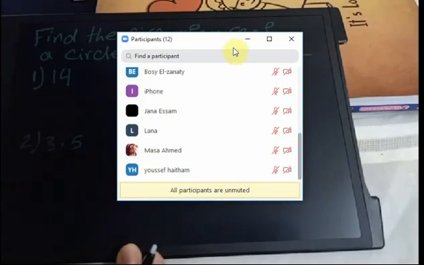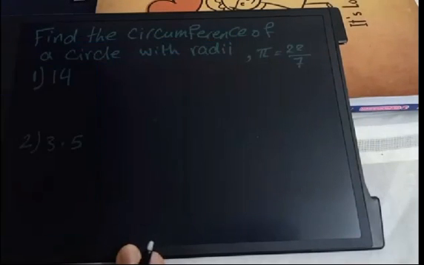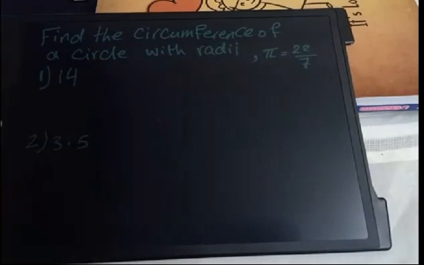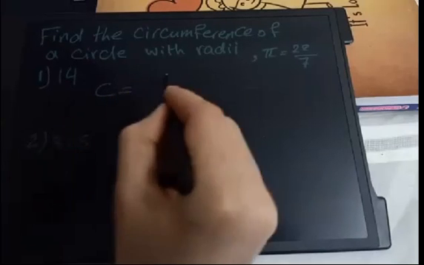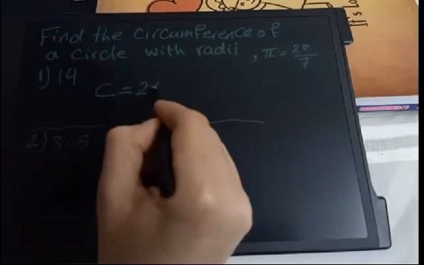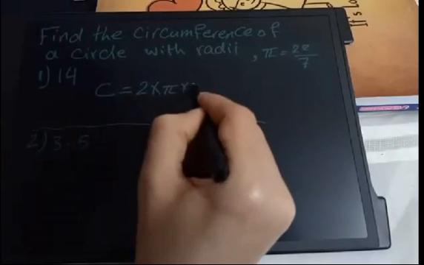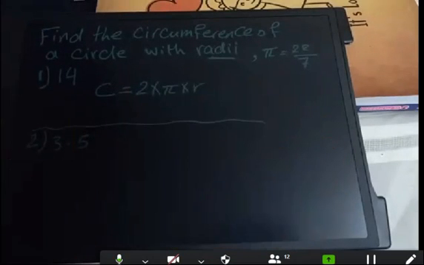You can raise your hand. Miss, I'm raising my hand. Okay, Adham? Yes, Adham, start. So C equals r multiply 2 multiply pi. Yes, okay, 2 times pi times r, because I gave you the radii, not the diameter. Okay, yes, Adham?